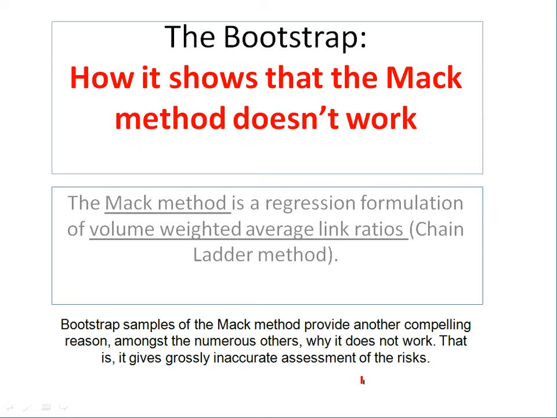Because after all, bootstrap samples are the kind of samples you would argue, this is the sample I could have observed. This is my real data, but I could have observed bootstrap sample 1. This is my real data, but I could have actually observed bootstrap sample 2, and so on.